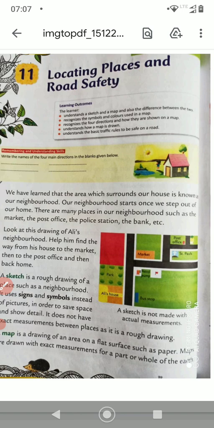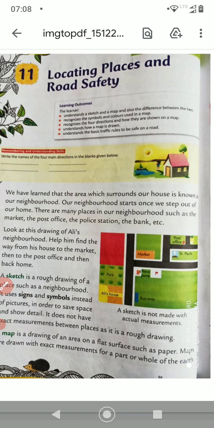You will be able to recognize the 4 directions that you already know. East, west, north, south. You will understand how a map is drawn, and you will also know about the basic traffic rules to be safe on the road.